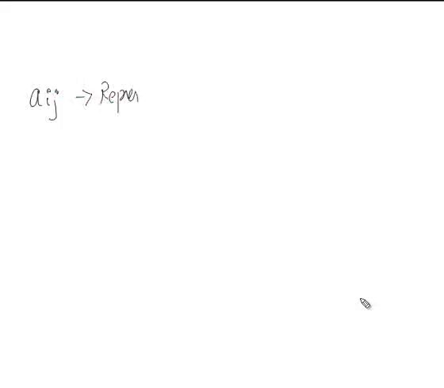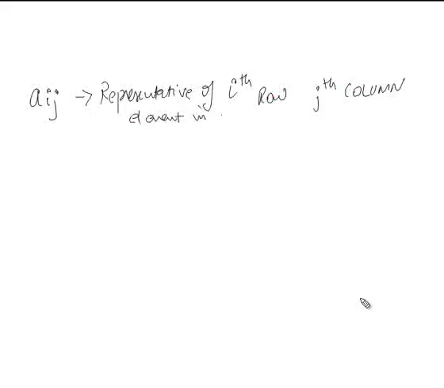Continuing, what did we see? We saw that Aij is a representative of the ith row, jth column element in a matrix. This we saw on the previous page, right?